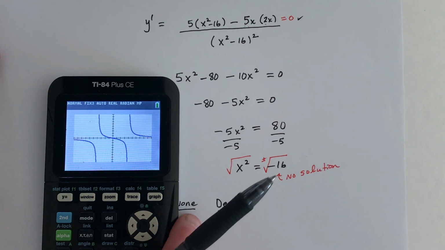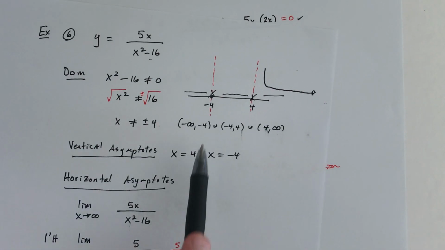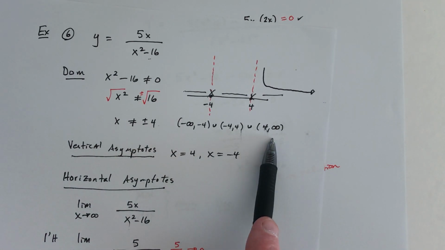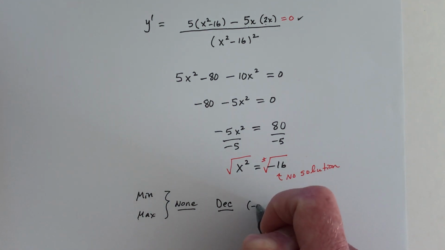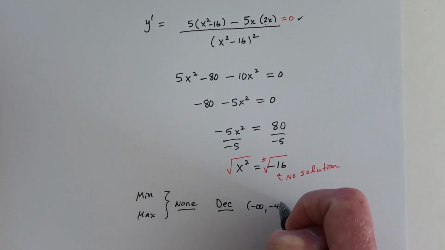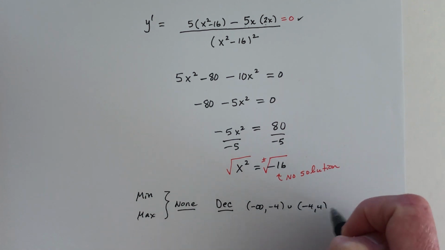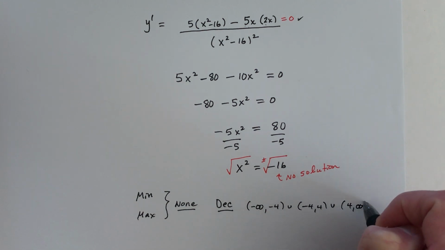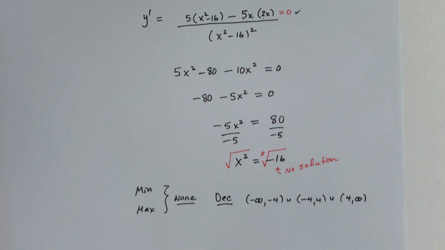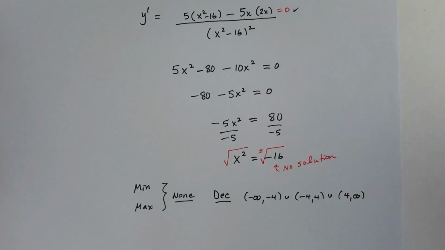So basically the way that I wrote the domain, that's also the answer for where it's decreasing. So the left side of -4, the middle part between the -4 and +4, and then the right side from 4 to infinity, that's where it's decreasing. And there's no place where it's increasing. All right, now one more.